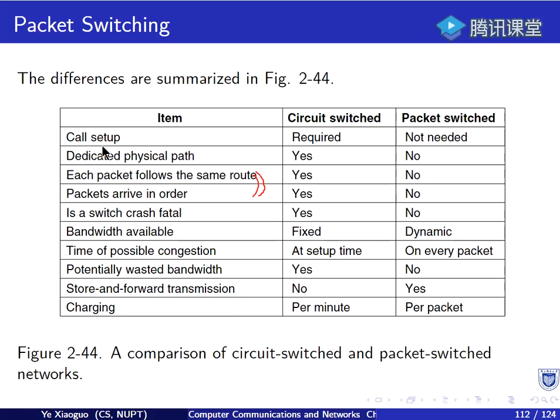For example, call setup, physical paths, same route, and packets arrive in order. A key switching point, bandwidth available. Bandwidth available is fixed for circuit switching, but bandwidth available is dynamic for packet switching.